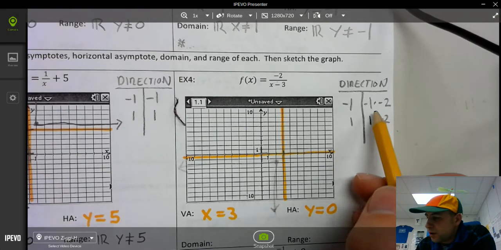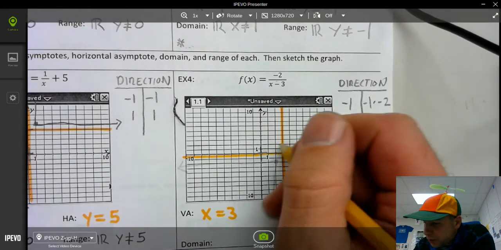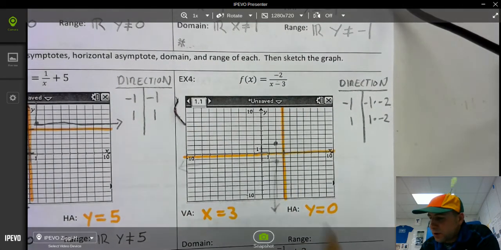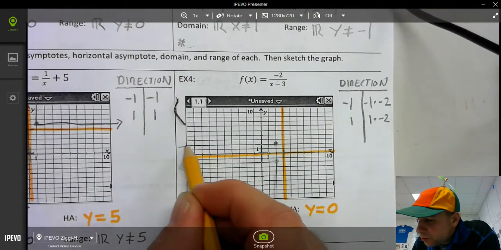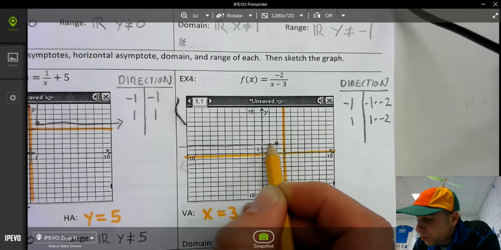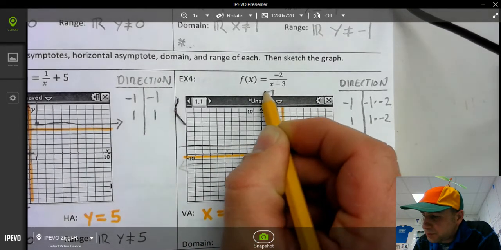All right. Negative times negative is positive. So we're actually going left 1, up 2. Again, the graph moves close to the horizontal asymptote and towards the vertical asymptote.